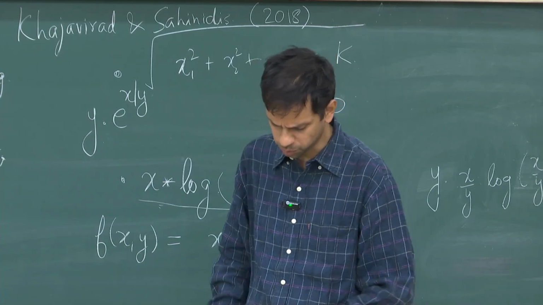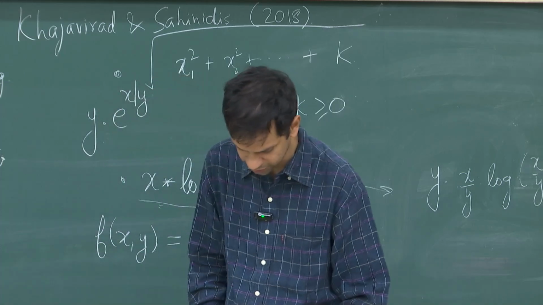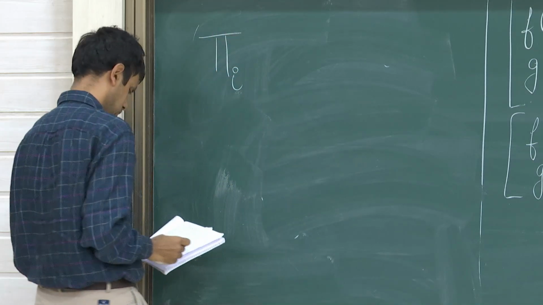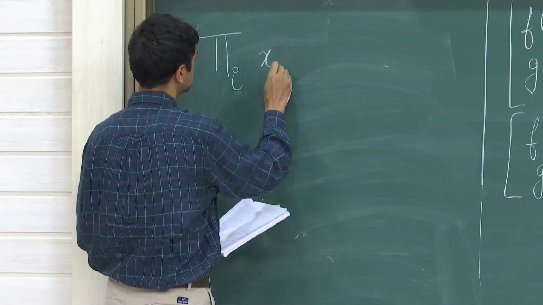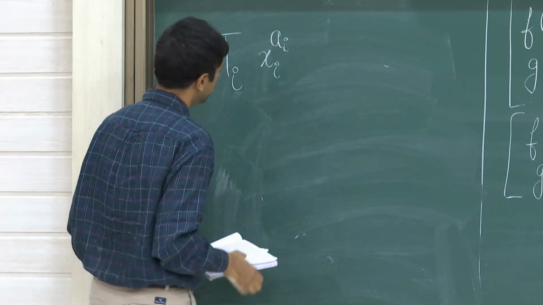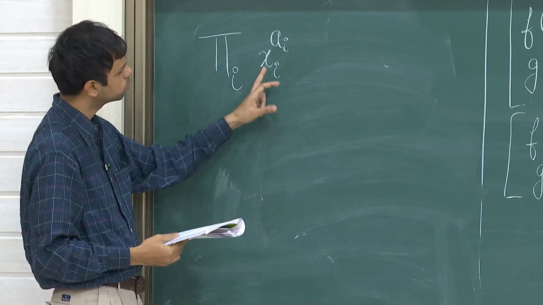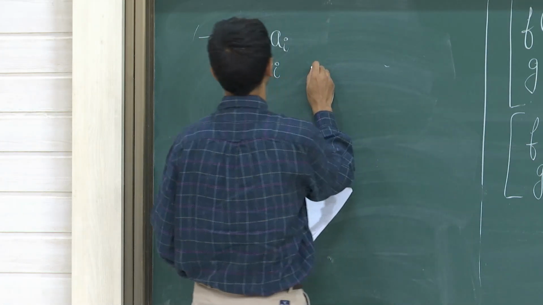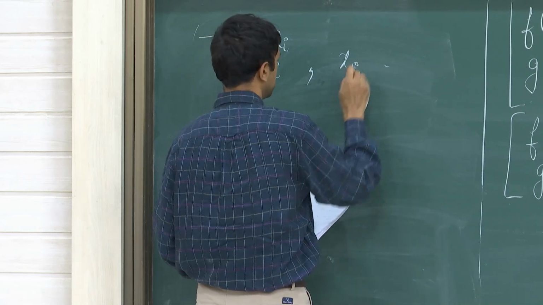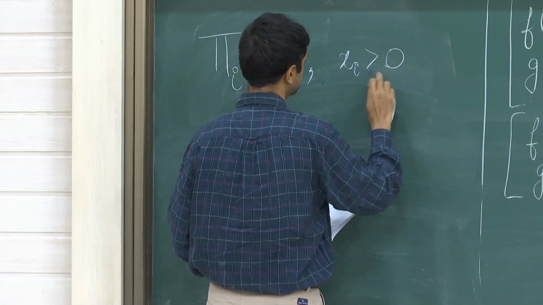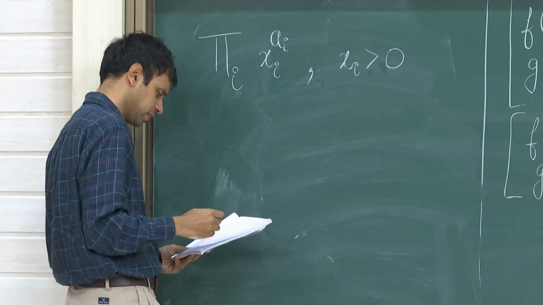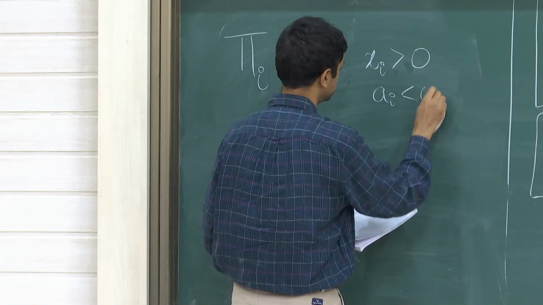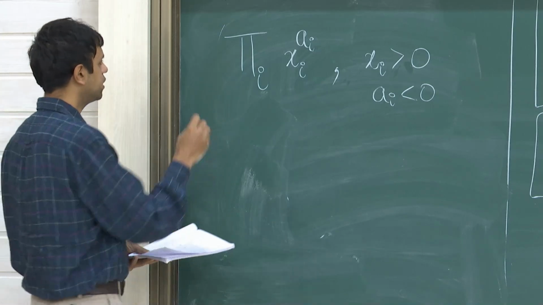There are also rules for products. For example, one such rule is this: if you have a product of many terms where we have variables x1, x2, each raised to a different power, and we know that the domain of x is bounded away from 0, so it is strictly positive always, and the ai are all less than 0, then this function is convex.